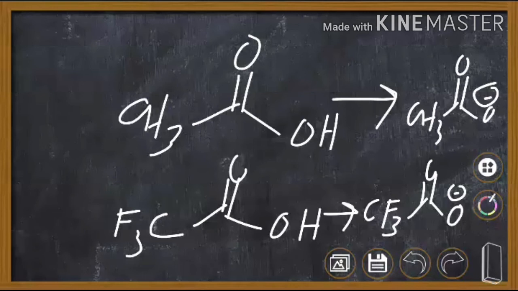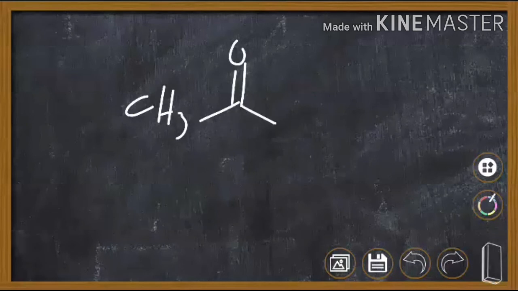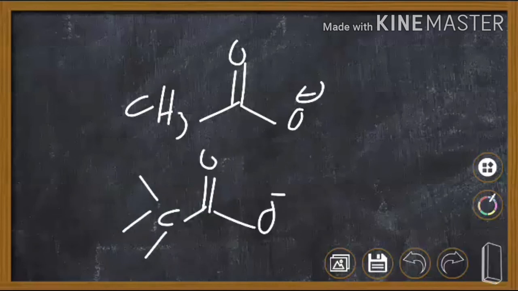So how is it possible? While considering these two ions individually, CH3C double bond O- and CF3C double bond O-, here you have 3 fluorine atoms. According to our inductive effect concept, CH3 is an electron donating species, while fluorine is an electron withdrawing species.